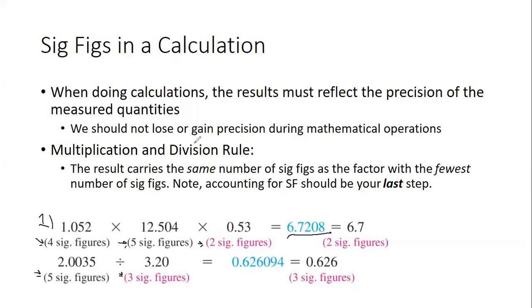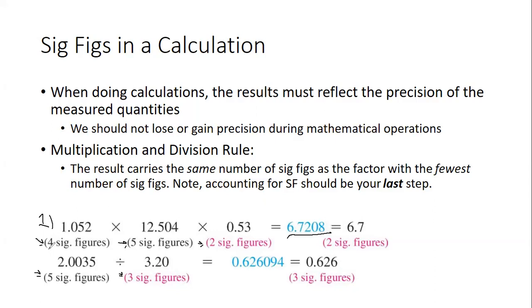So let's take a look at these rules. Multiplication and division is the simplest rule, the easiest one to remember. It says your answer needs to have the same number of sig figs as whatever had the lowest number of sig figs in your calculation.